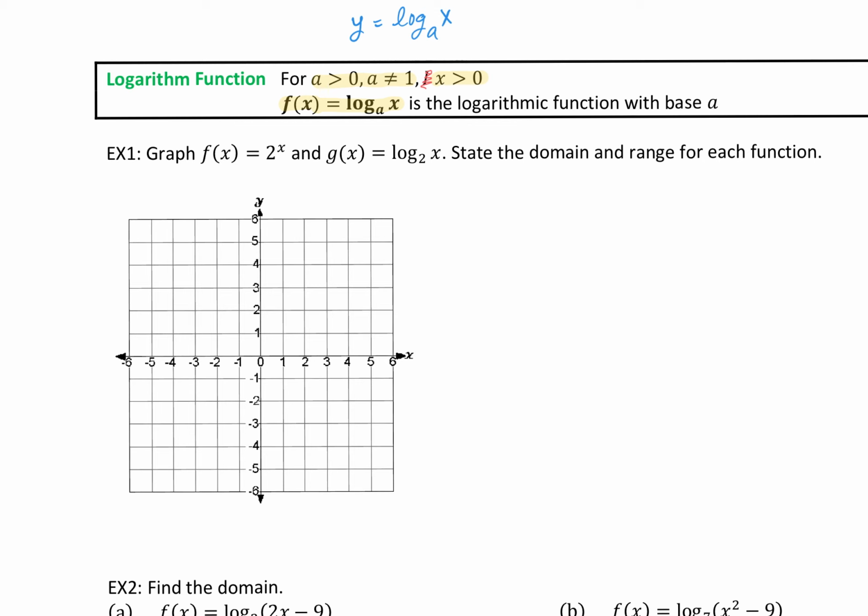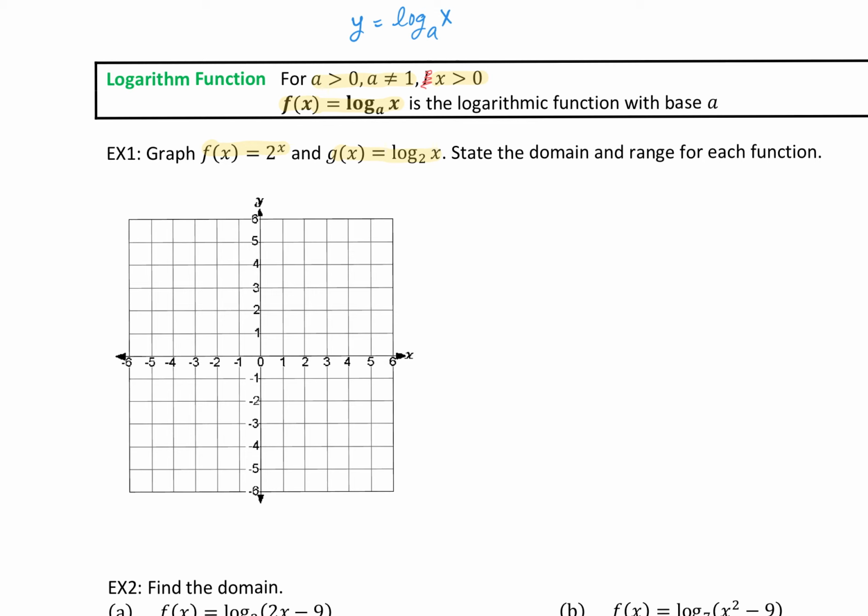What we're going to do next in example 1 is graph the exponential function f of x equal to 2 to the x, which we had done in a prior section, and then its inverse, g of x, equal to log base 2 of x. So same base, one's the exponential, one's the log function. They should be inverses of each other, and we're going to verify that.